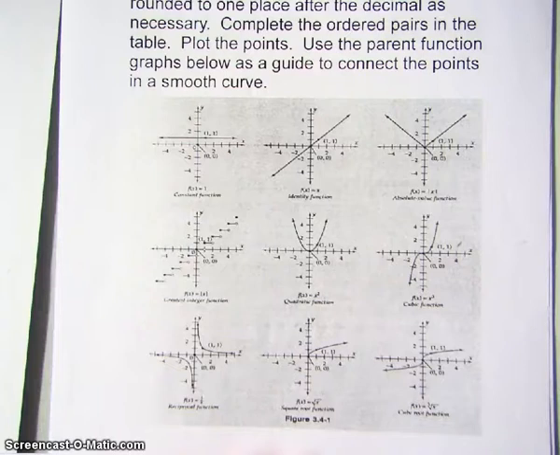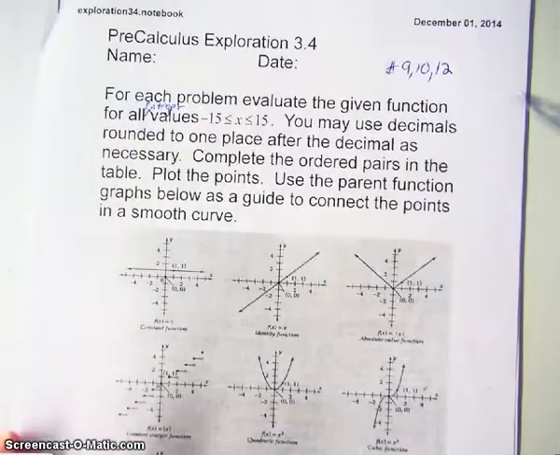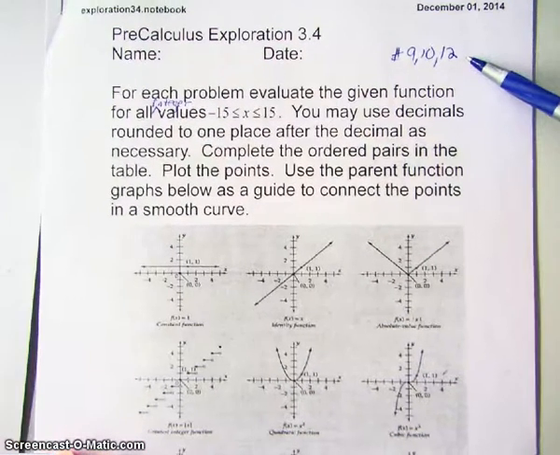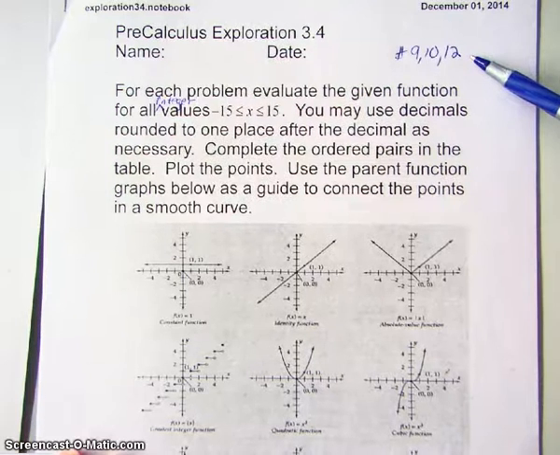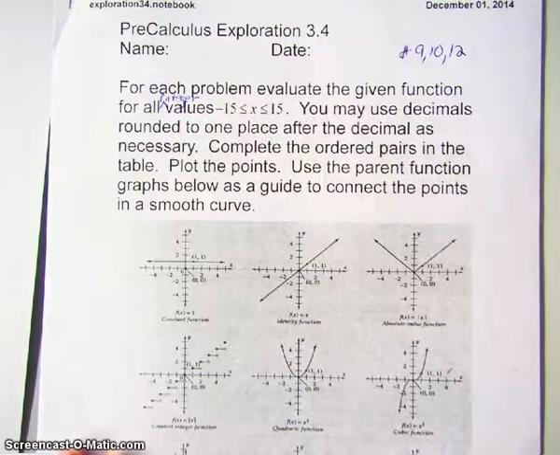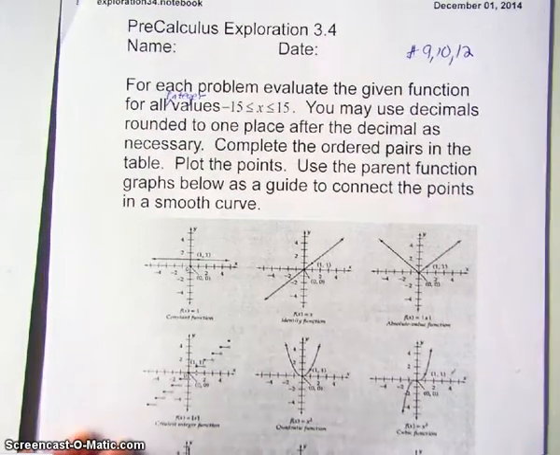But the graph will always have the same shape as the parent graph. I'm going to do problems 9, 10, and 12 for you right now. So not only should you get problems 1 through 9 correct, you should also get problems 10 and 12 because I'm about to show you those answers as well.